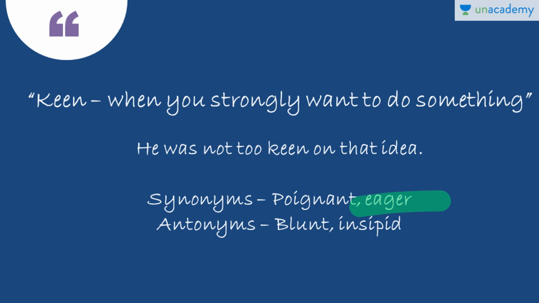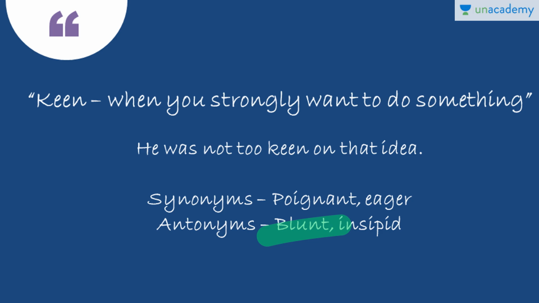Then we have the antonyms. The first one is blunt. Now what is blunt? Blunt actually means when you reduce the force of something, like blunted determination. You had a lot of determination in the starting, but now the determination is less.